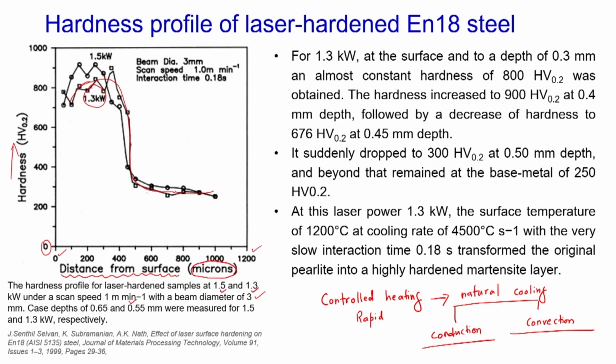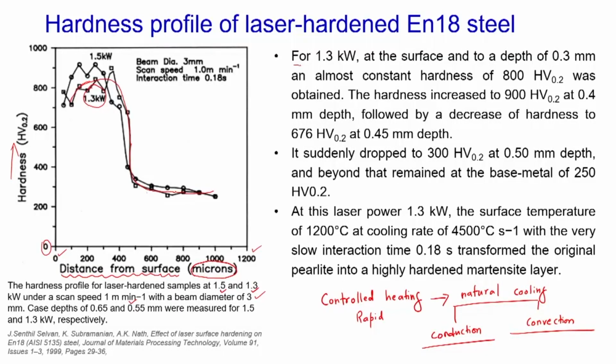So, here the meaning is that the surface which is laser treated has enhanced its hardness property. For 1.3 kilowatt, at the surface to the depth of about 0.3 mm, that is about 300 micron, you can see 300 micron.